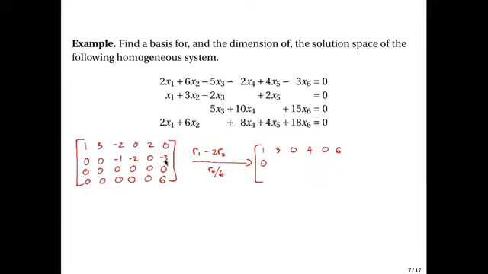You have 0, 0, negative 1, negative 2, and then 0, negative 3. And then you have 0, 0, 0, 0, 0, 0. And then you have 0, 0, 0, 0, 0, 1. Okay?